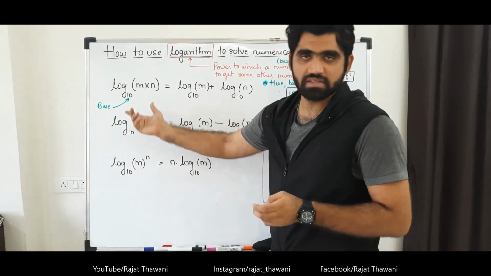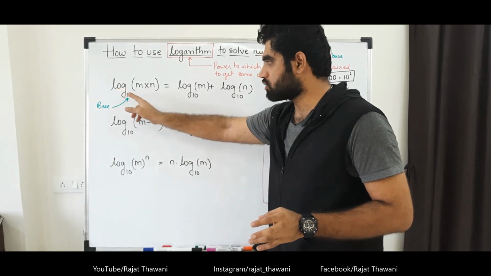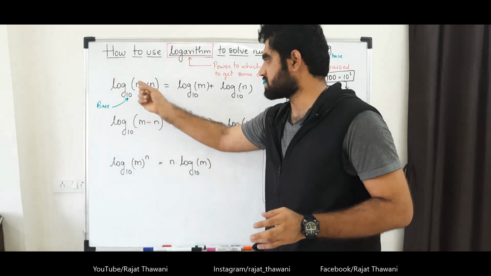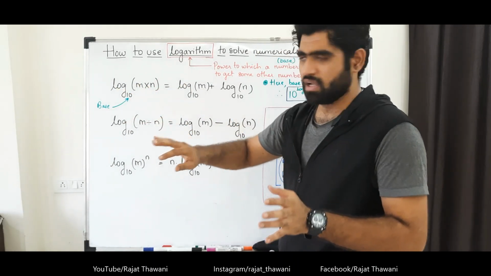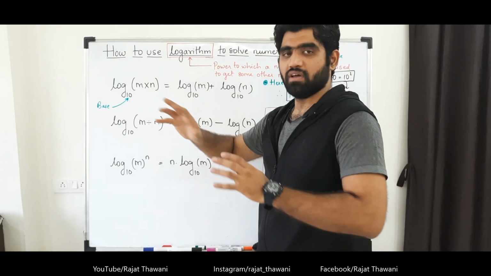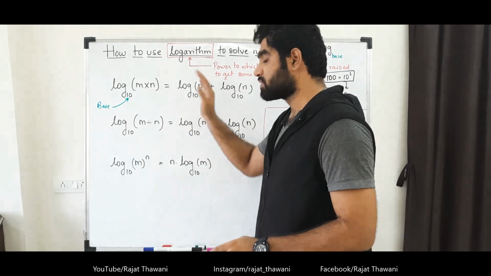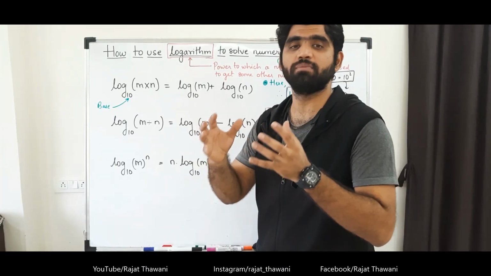So you can see the first law or first rule of logarithm is if I take log to the base 10 of a number which is m into n, means any number, say 5 into 2, 10 into 20, or any number. I am saying smaller numbers, but if you take huge numbers, multiplying them is difficult.